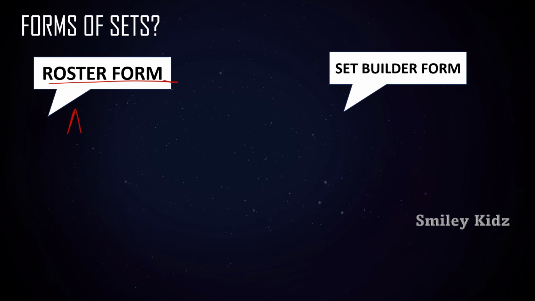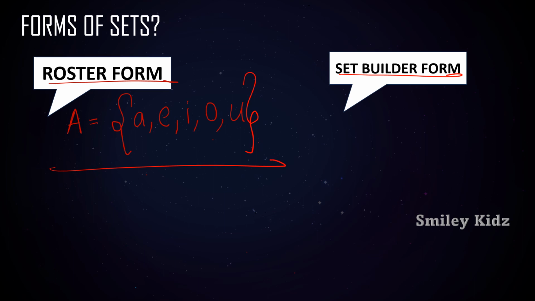Now if I have set A, which has A, E, I, O, U. Now this is my set A. Now if I need to say, what is the set builder form then? Roster form is the simplest form. Now what is the set builder form?